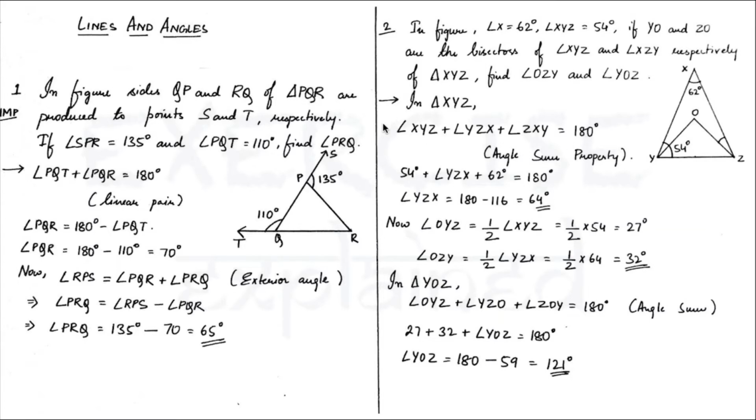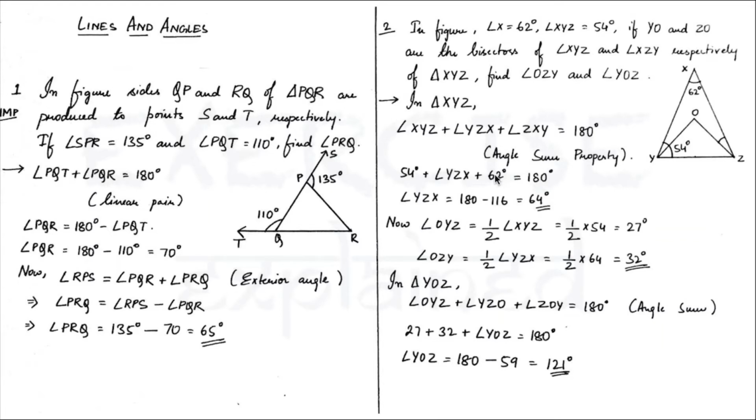We know XYZ is given as 54 degrees in the question. You can see here it is given as 54 degrees. YZX we are supposed to find, so we keep it as it is. ZXY is equal to 62 degrees. So what we get over here is ZXY, that is the top angle, is equal to 62 degrees, and the whole thing equals 180.